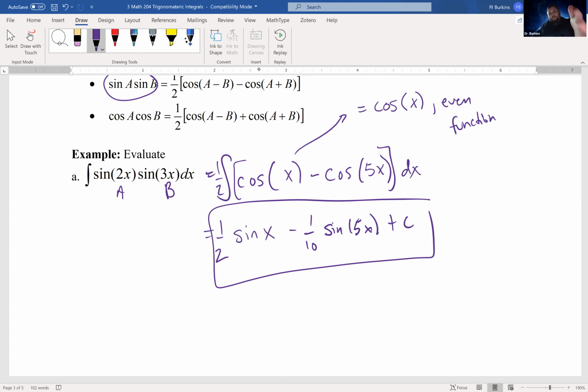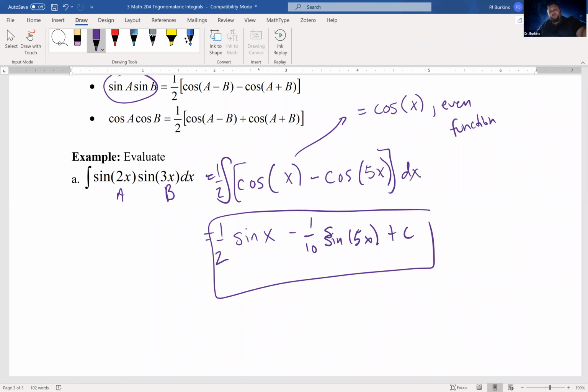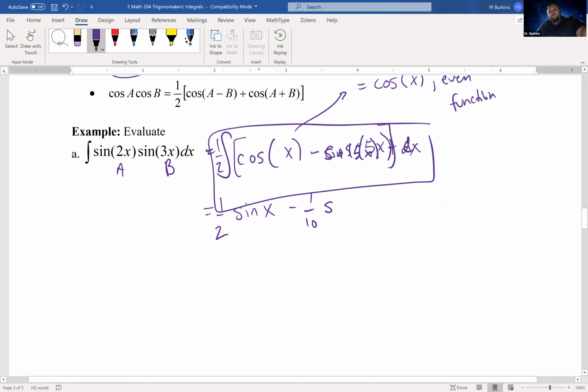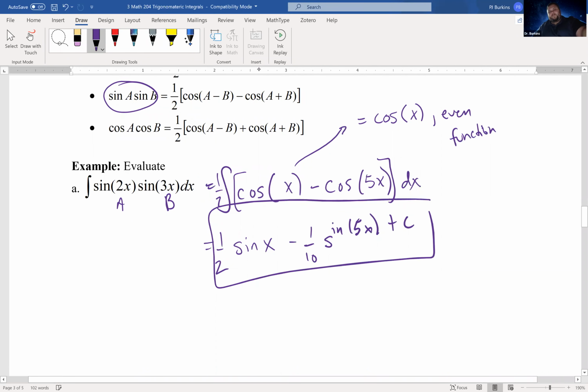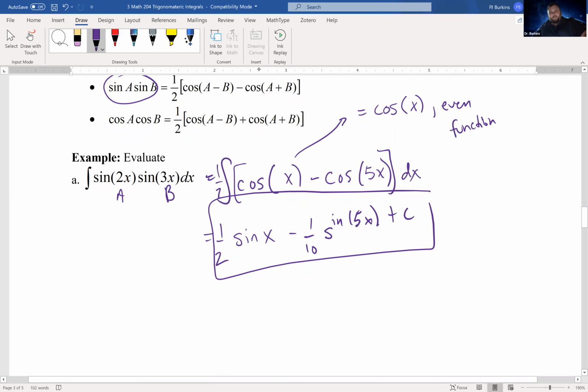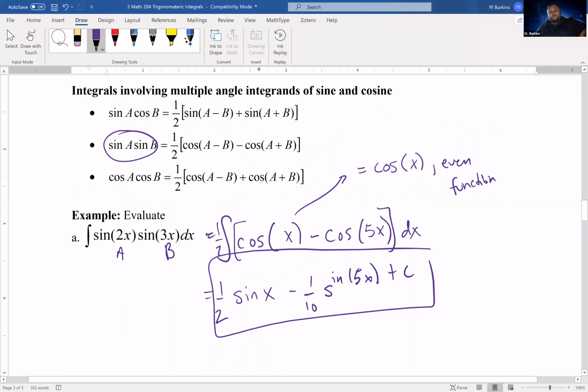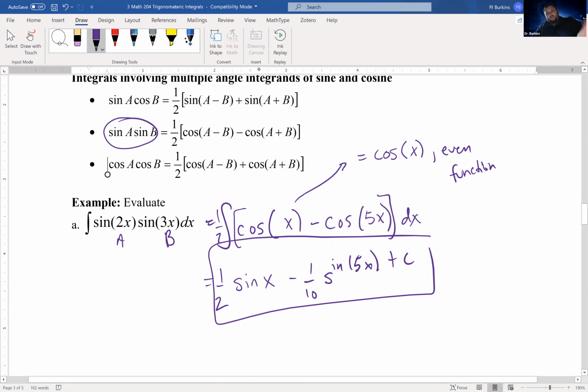So again, this isn't hard. It's just a matter of how often are you going to remember those formulas? So just as a suggestion, unless somewhere down the line you see ones that have different arguments, do not get yourself in that situation.